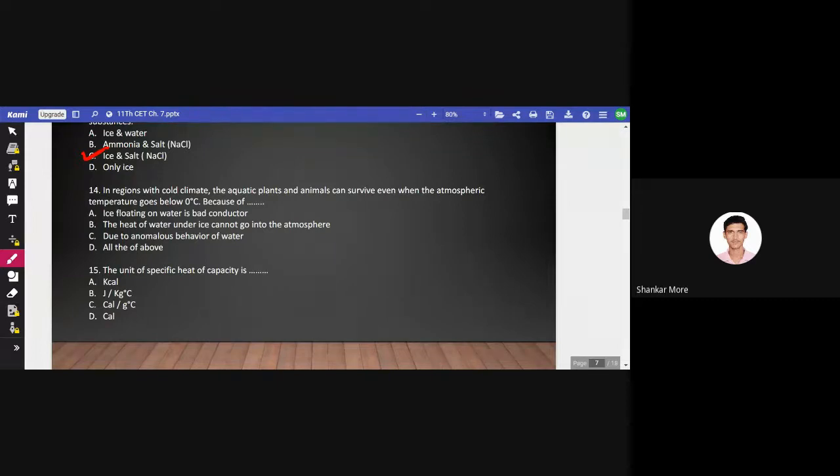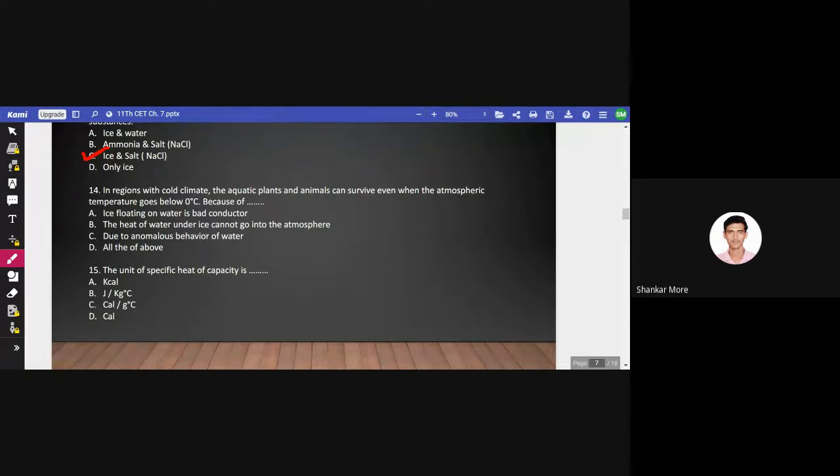So don't you think that the heat of water under ice cannot go into the atmosphere should be the correct answer, or ice floating on water is a bad conductor of heat, isn't it? These options also make sense, and these three options may be correct. So actually option D should be correct. All of the above, because they help the aquatic plants and animals to survive underwater in those freezing conditions, isn't it?